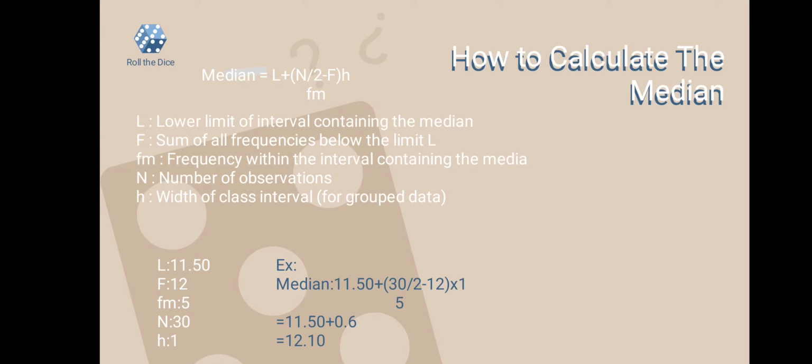L is 11.5, F is 12, FM is 5, N is 30, and H is 1. Jadi 11,5 ditambah 30 per 2.